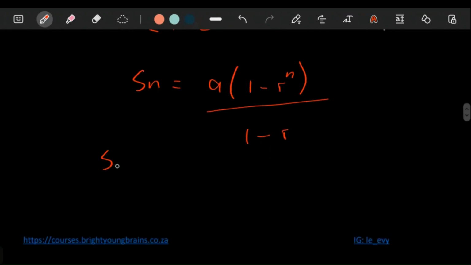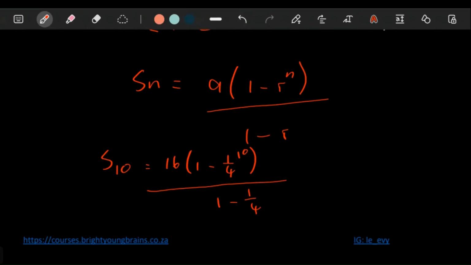So here, sum of the first 10 terms, a is 16, r is a quarter, n is 10, over 1 minus a quarter. So this you can just put in your calculator. Putting this into your calculator, let us see what we are getting.